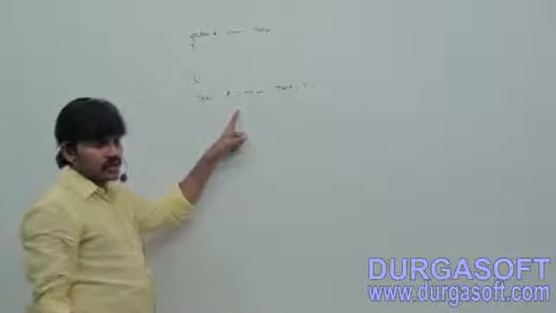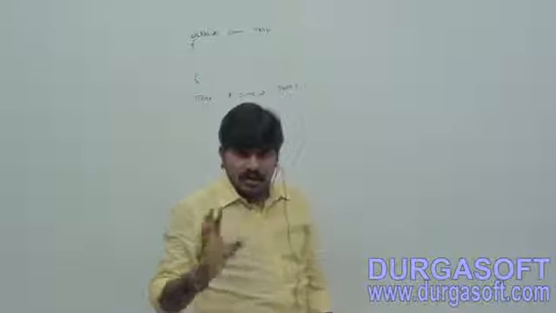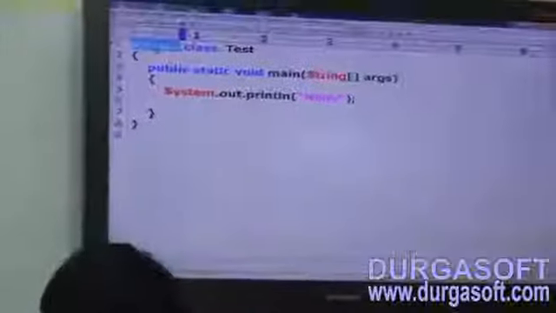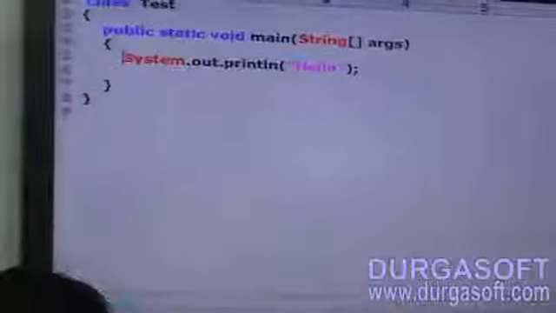How can you create an object? Class Test is abstract, may not be instantiated. Like that, you are going to get a compile time error. Just observe this point well. In Test.java, I am taking class Test, and let me declare this class as abstract.